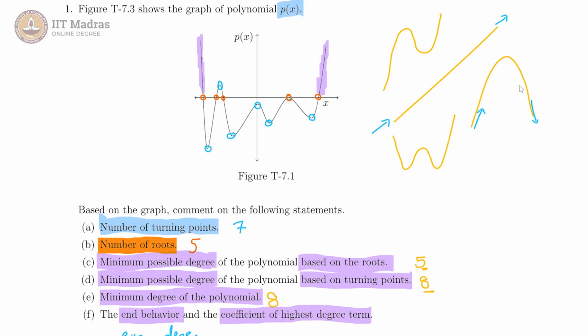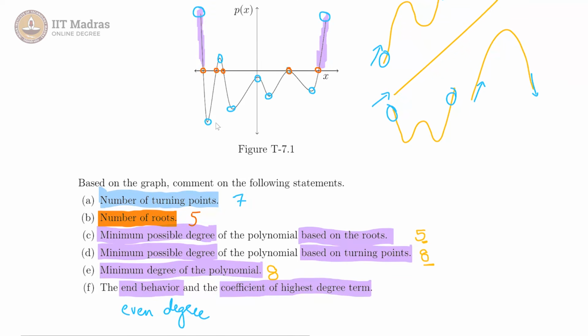So when it's even degree, you see that the ends of the curves are in the same directions. Similarly, the quartic is coming from infinity and going to infinity, whereas a cubic is coming from minus infinity and going to plus infinity. So here this is coming from infinity and going to infinity. Therefore, this is an even degree polynomial.